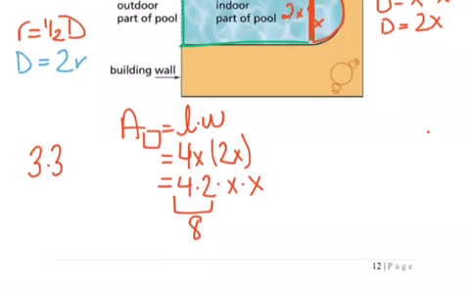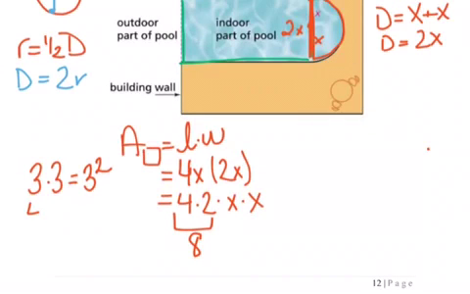If I had 3 times 3, well, we know that to be 9. But we know that if I take anything and multiply it by itself, I can write it to the second power. So if 3 times 3 is 3 squared, 4 times 4 would be 4 squared. Well, then that must mean that x times x is just x squared.